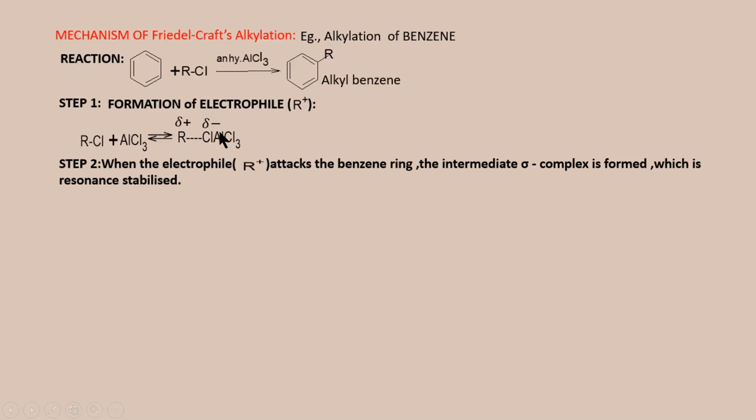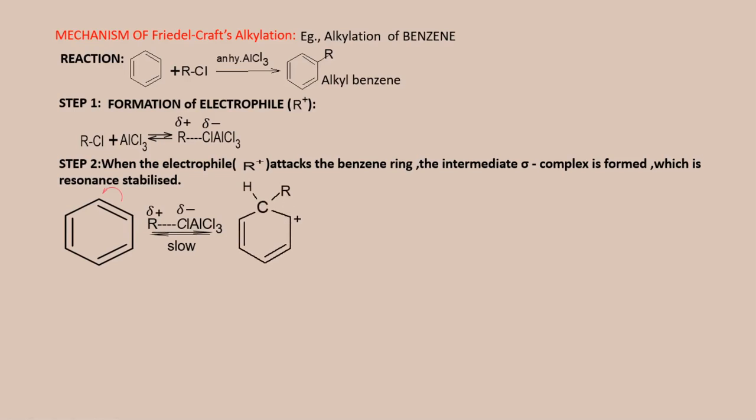Now in the next step, what happens means the benzene ring is attacked by this complex pair. When it is shifted like this, it is getting clear. So this will go and attack it. So R group is attached at the same time, the positive charge will be created here.